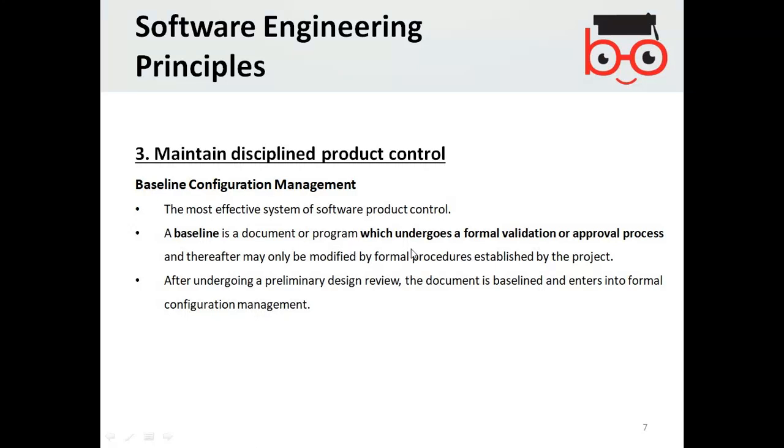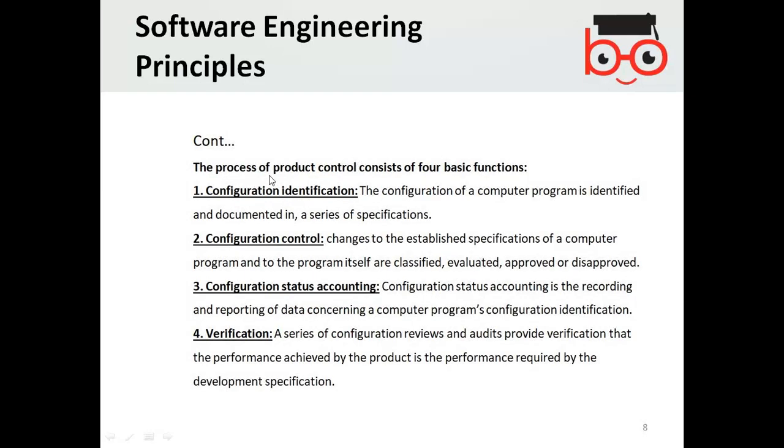Every configuration is predefined and validated for the approval of the final product. The process of product control consists of four basic functions: configuration identification, configuration control, configuration status accounting, and verification. For example, in configuration identification, the configuration of a computer program is identified and documented in a series of specifications.